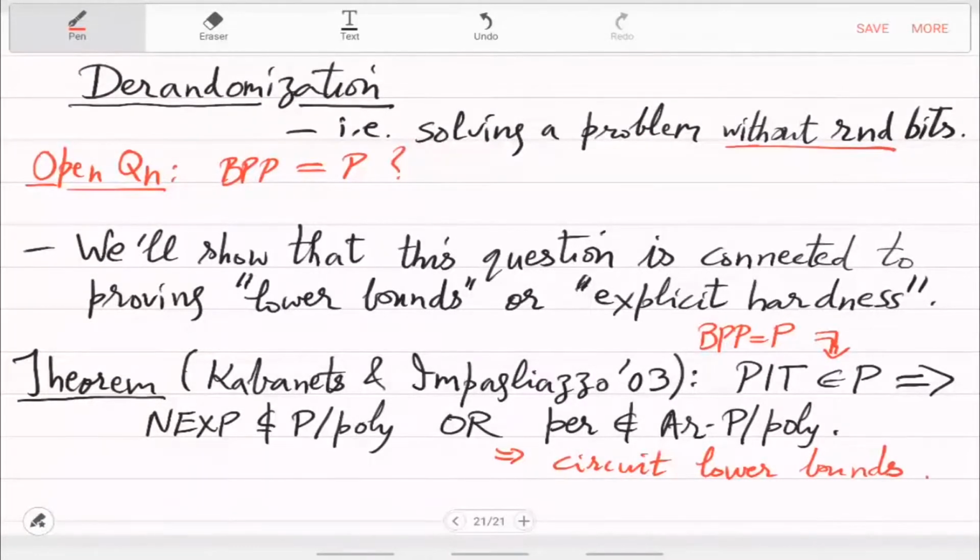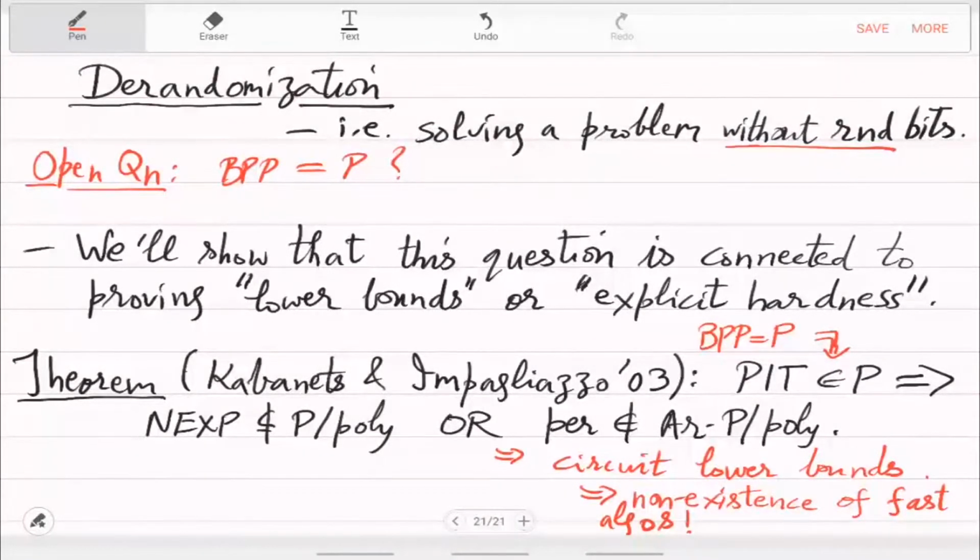Okay, and if there are no small circuits, then there cannot be a fast algorithm. This is the connection.